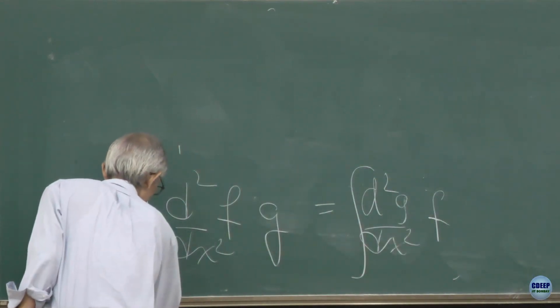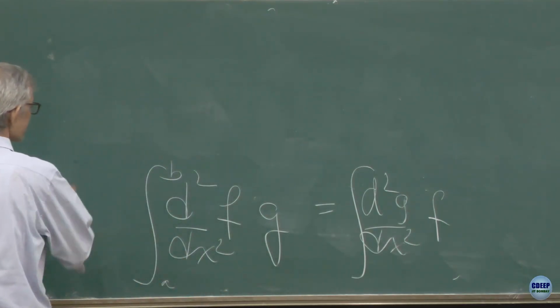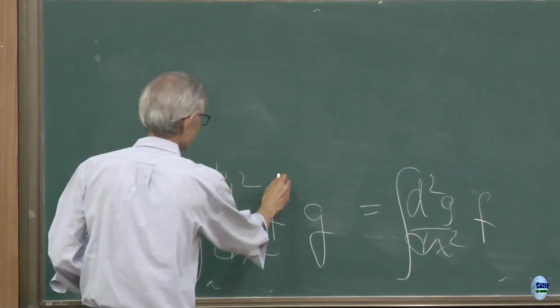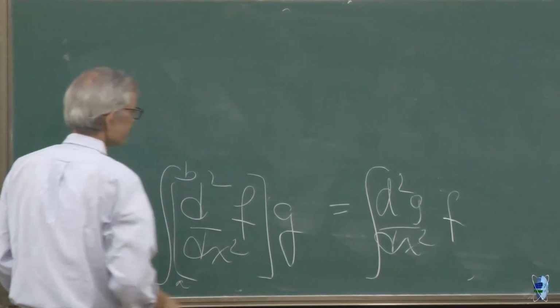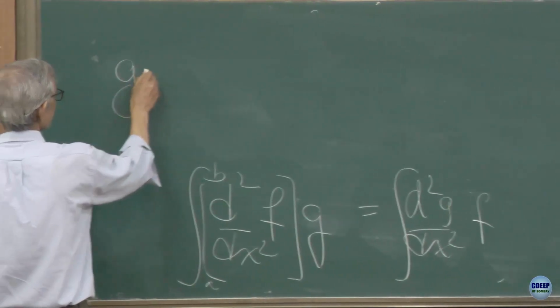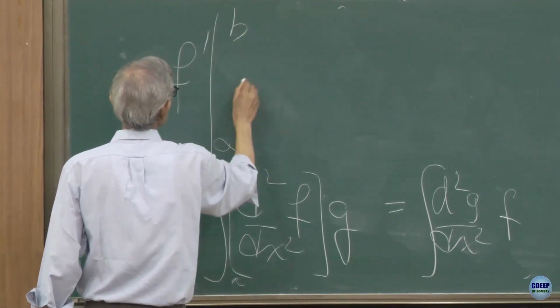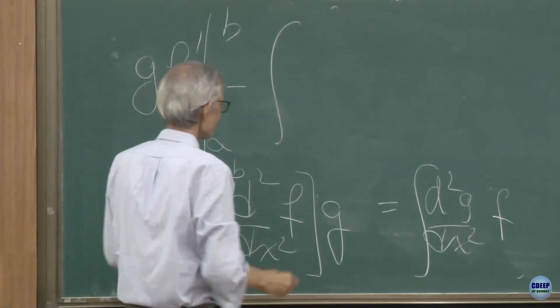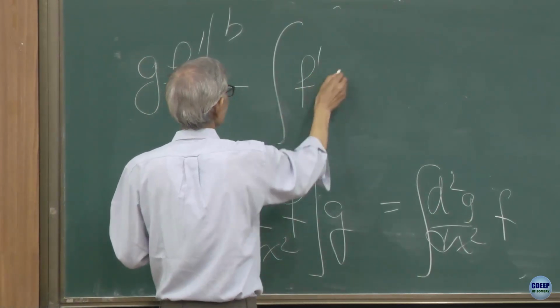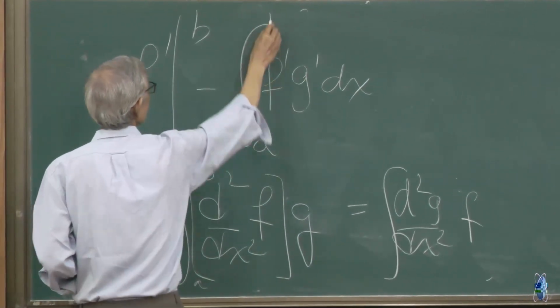So now we just do some brute force algebra, just integration by parts. I take this and integrate it by parts. So I've got my first function, integral of the second, a to b, minus the integral of the second into the differential of the first, between a and b.